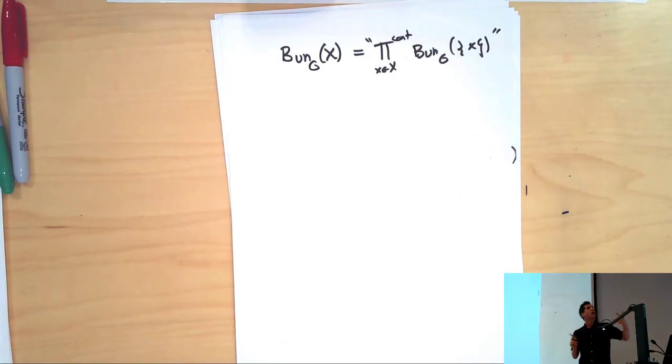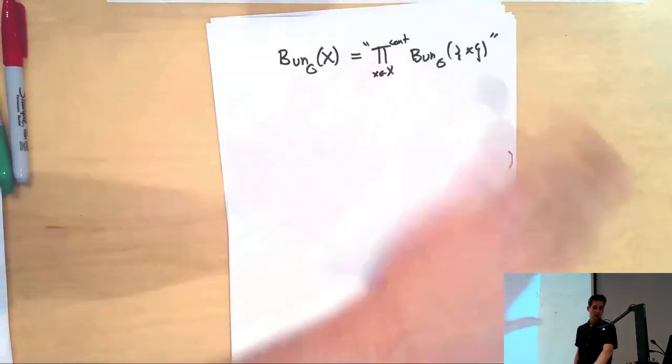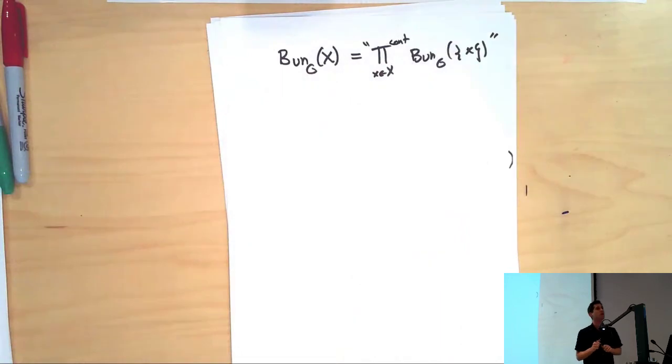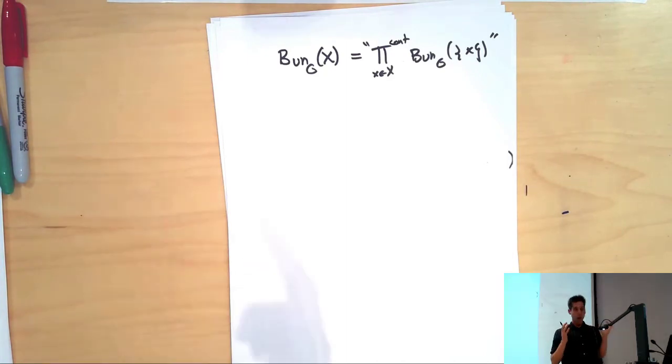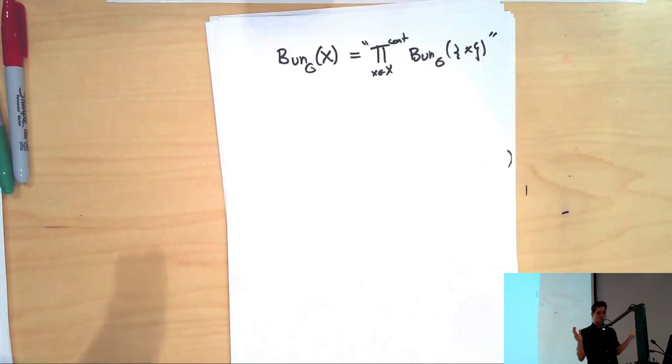But now if X was not an algebraic curve, but it was a finite set, then this would be literally true. The algebraic stack on the left would factor as a product of the algebraic stacks that appear on the right. And in that case, you would be able to describe the cohomology of the stack on the left by some kind of Kunneth formula. So let's imagine that you had a Kunneth formula for these kind of continuous products.